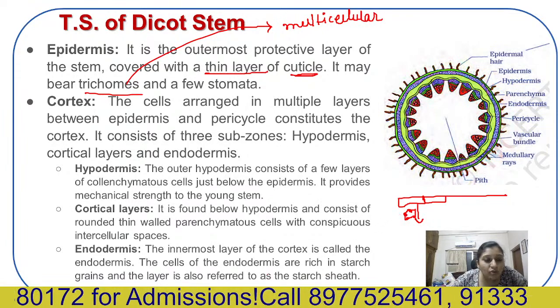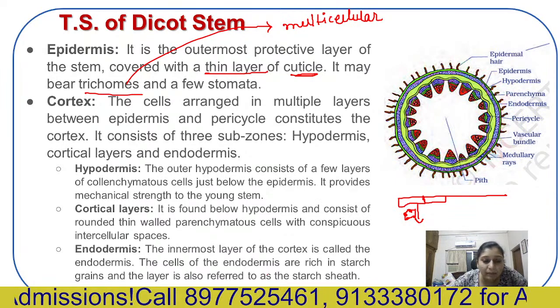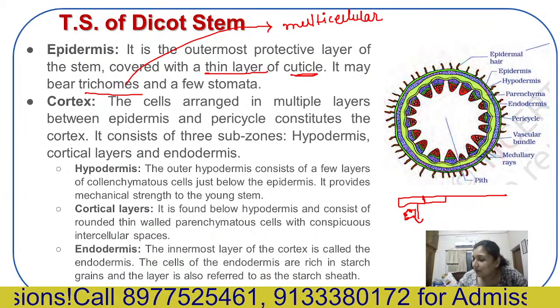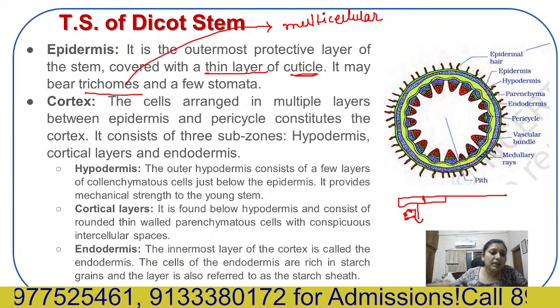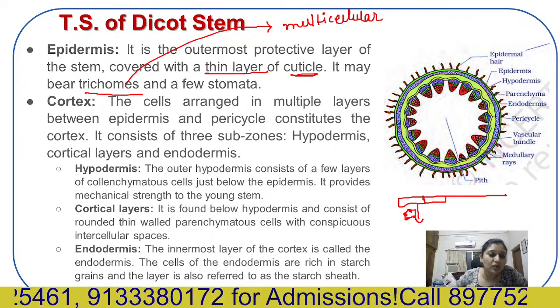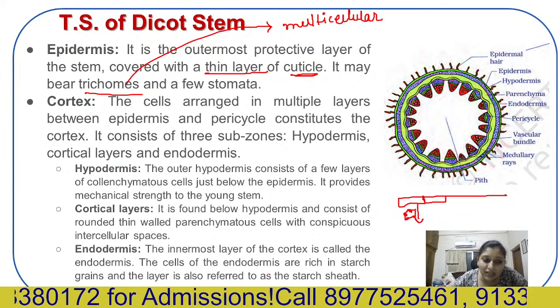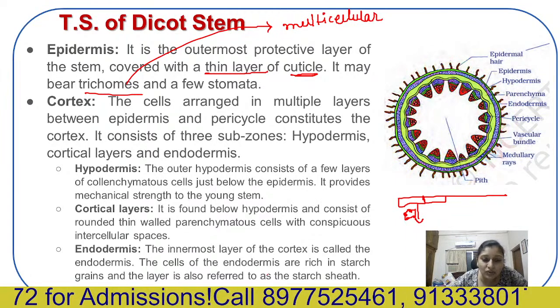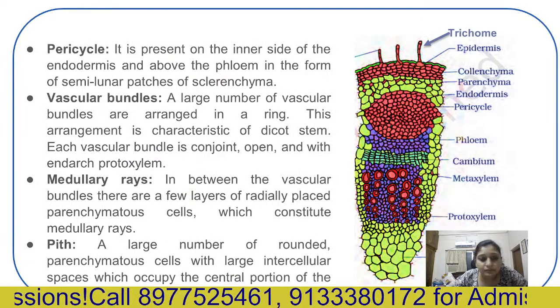Then the cortical layers found below the hypodermis consist of round, thin-walled parenchyma. And the endodermis, the innermost layer of the cortex, has cells rich in starch grains, and the layer is also referred to as the starch sheath. So look here.